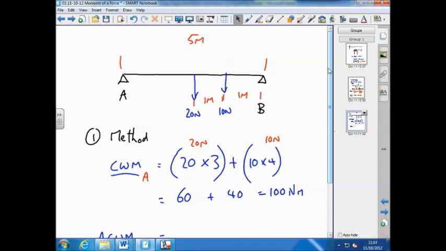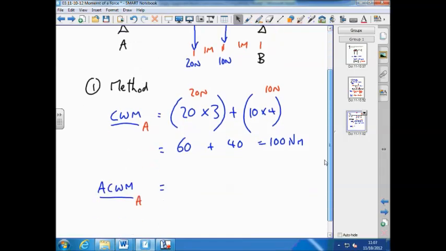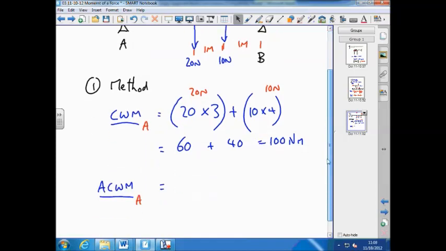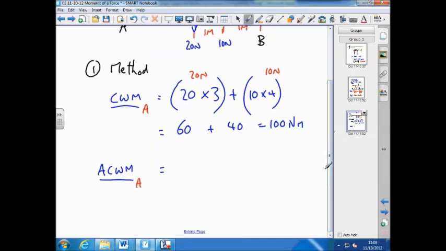The only force that's acting anti-clockwise is the reaction force at B. So we'd label that RB for the reaction force at B. So that will be RB times the distance, which is the full length of the beam, 5 meters. So RB times 5, which is 5 RB.